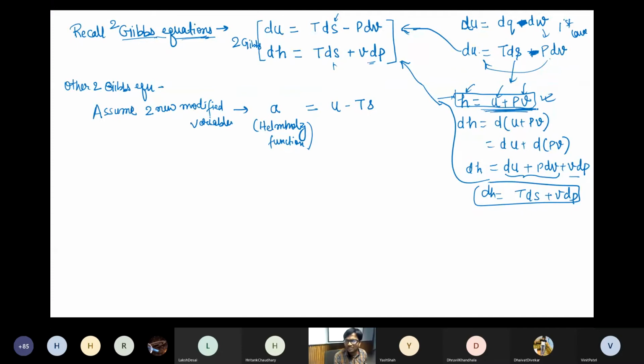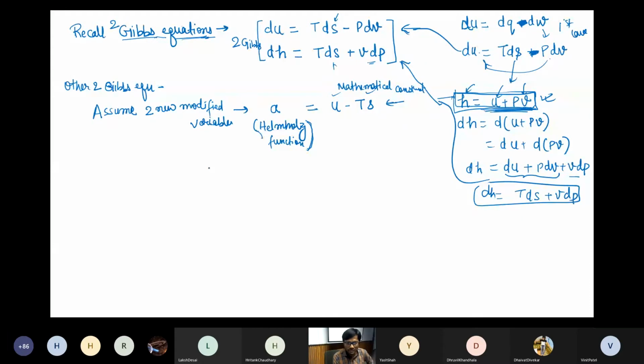We just do this to get some of the properties in shape. Similarly, the Helmholtz function is a subtraction of TS from internal energy. You should not seek a physical aspect in this equation. It is just a mathematical construct.